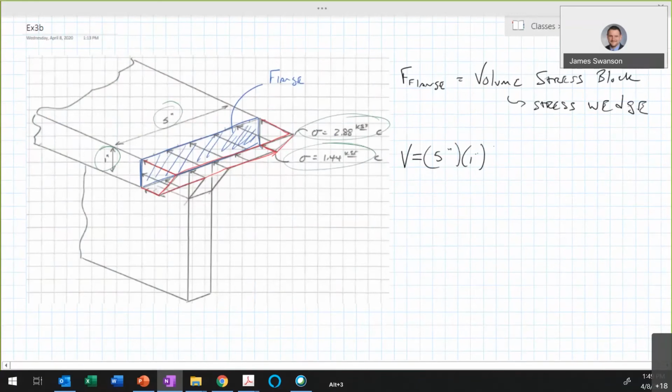So that's equal to 2.88 ksi plus 1.44 ksi, divided by 2. And so then we end up with 10.8 kips. And since that stress is in compression, that would be a compressive force.